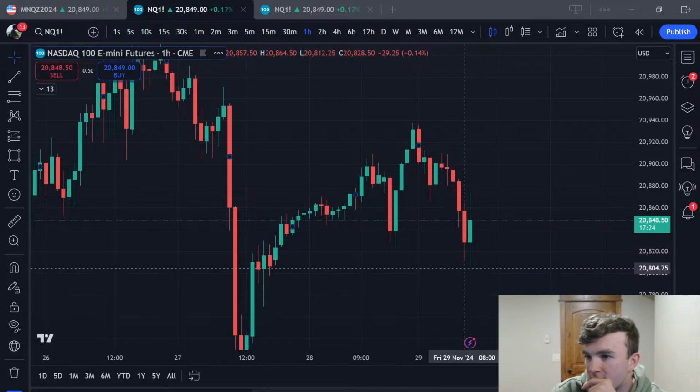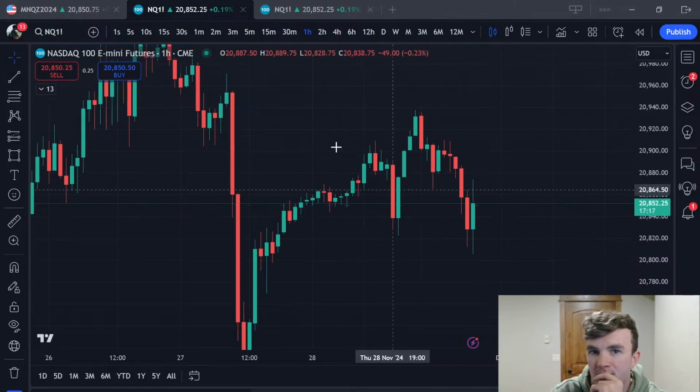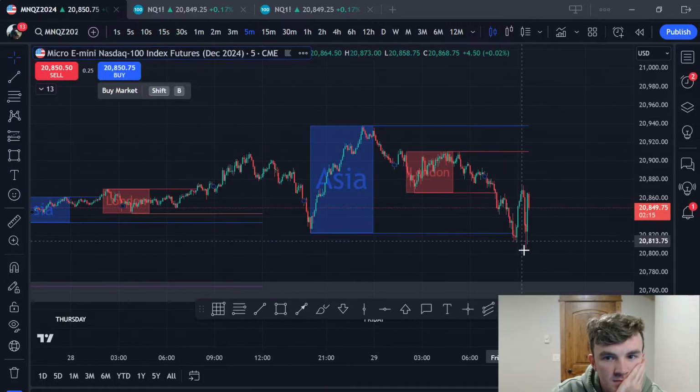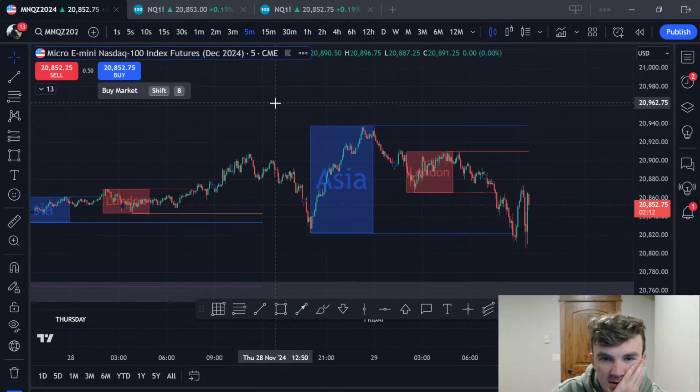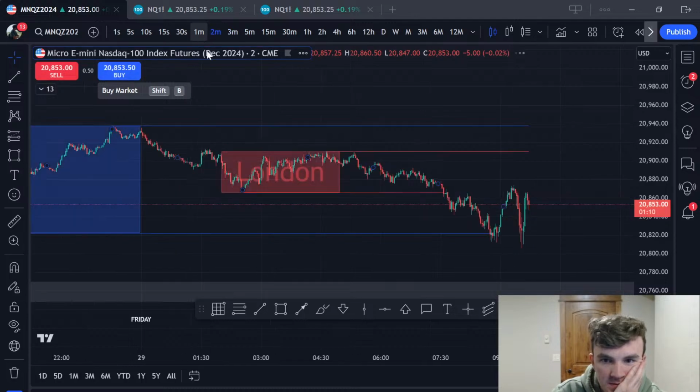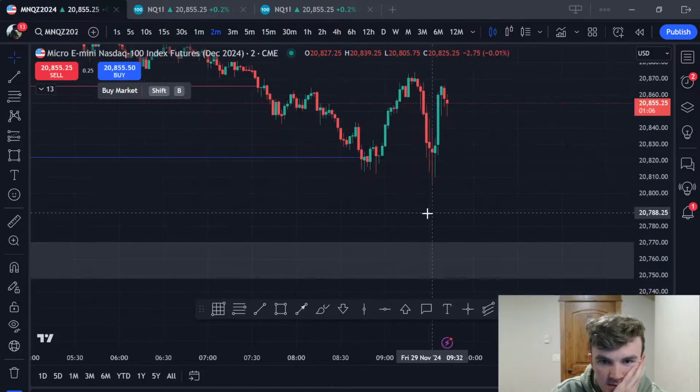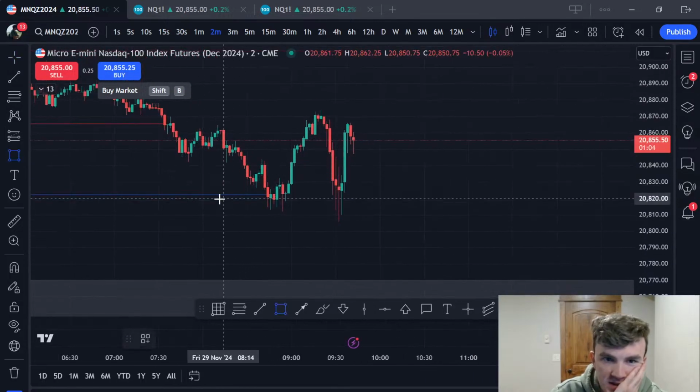And we got a bullish SMT after sweeping Asia's lows here. Okay, this is a good trade. This is genuinely a good trade.